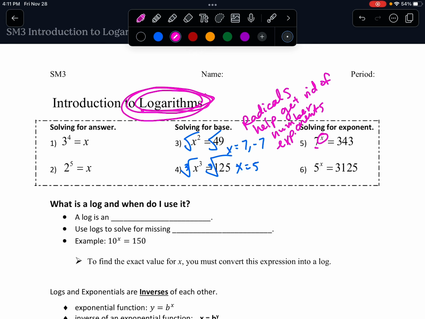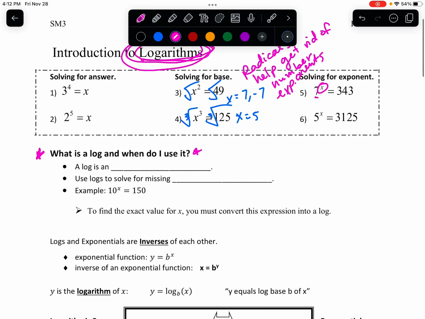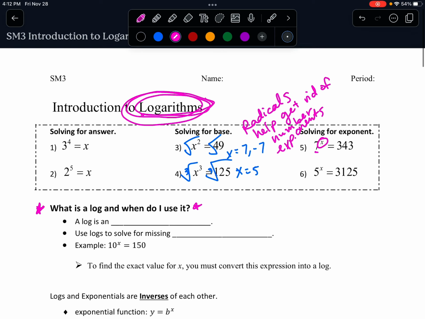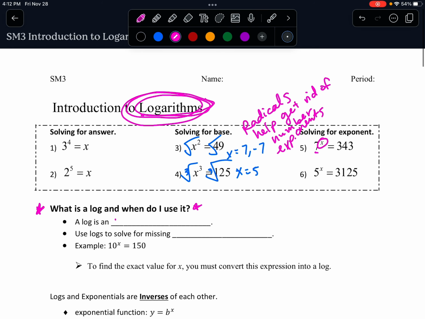So what is a log and when do I use it? Ding, ding, ding, right here. And I think I'm going to end after I talk about that. A log is an inverse to exponential functions.